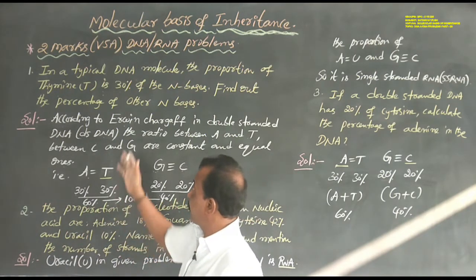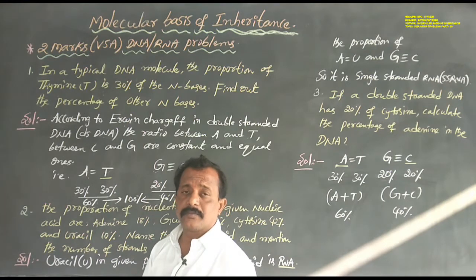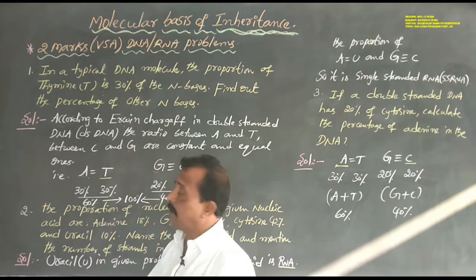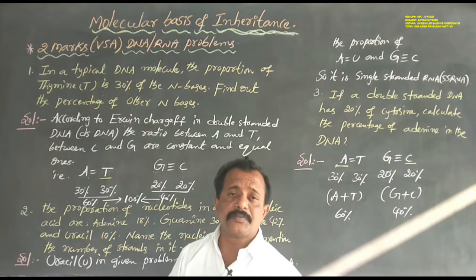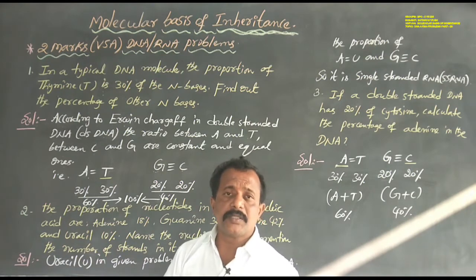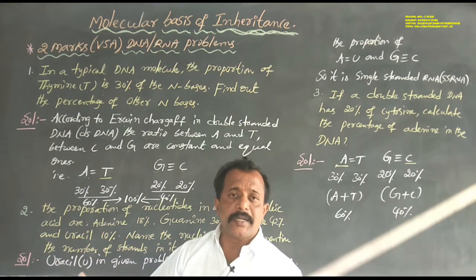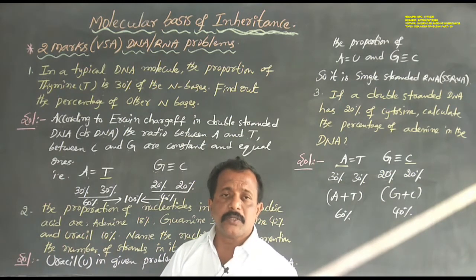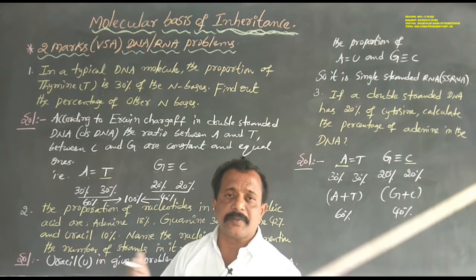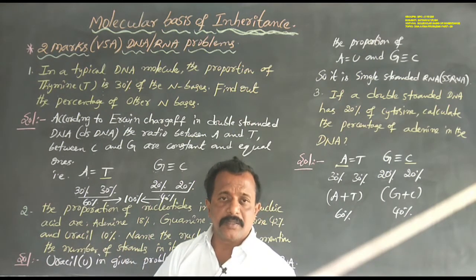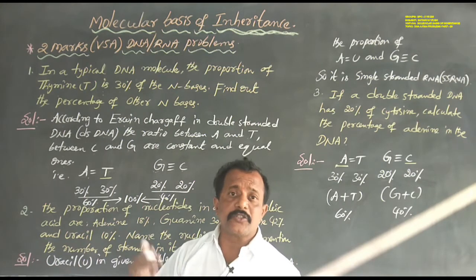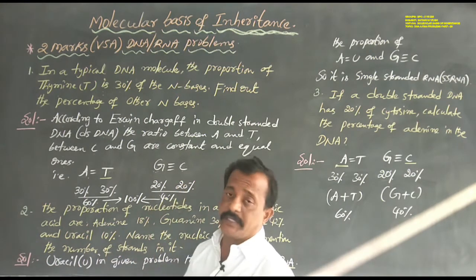Dear students, in the first problem it was double stranded DNA. According to Erwin Chargaff, adenine and thymine are equal in ratio, 30% and 30%, and guanine and cytosine are equal in ratio, 20% and 20%.